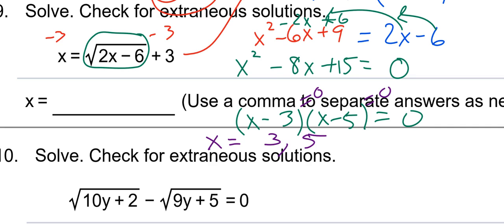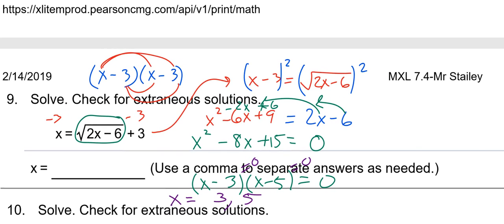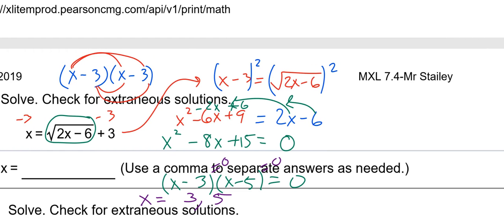Okay, now you said at the beginning of this question there was a variable outside the radical, so I would actually have to check for extraneous solutions. So when I said possible solutions of 3 and 5, I meant it. I don't know for sure until I actually spend the time and go back to the beginning. 3 equals the square root of 2 times 3 minus 6, plus 3.